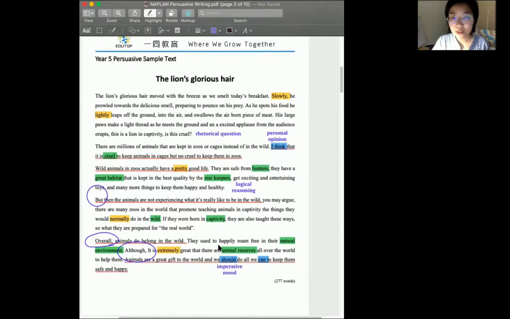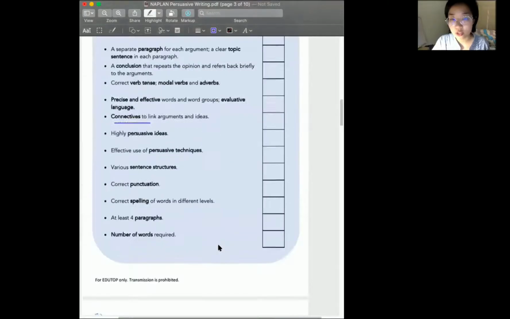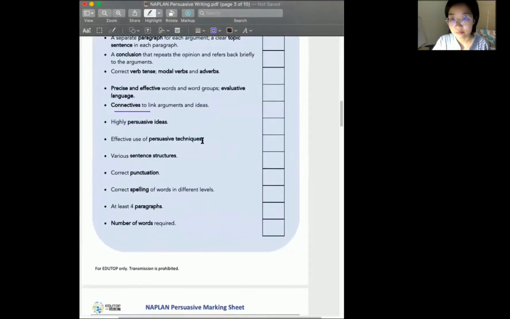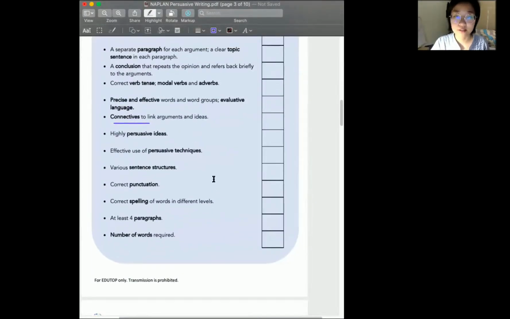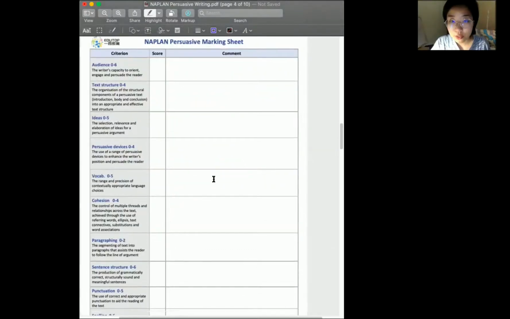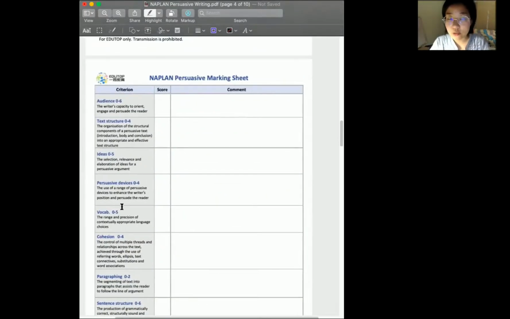So how many do you think you need to achieve a high mark for persuasive technique? Because you will see that in the actual marking rubric, we do have this column called persuasive devices. That's the same as persuasive techniques.